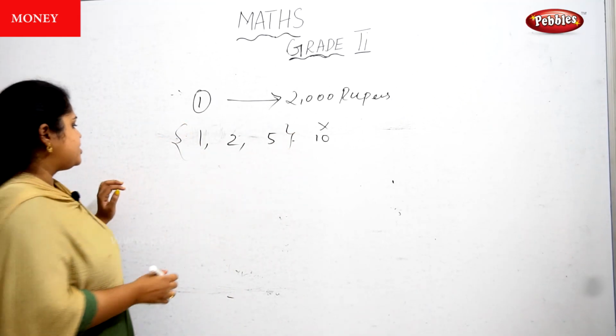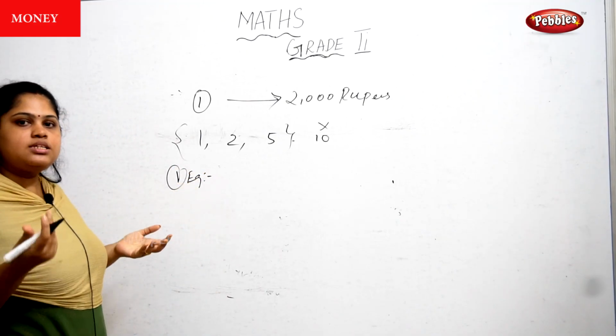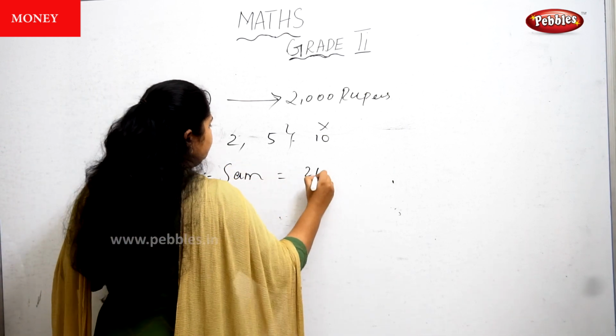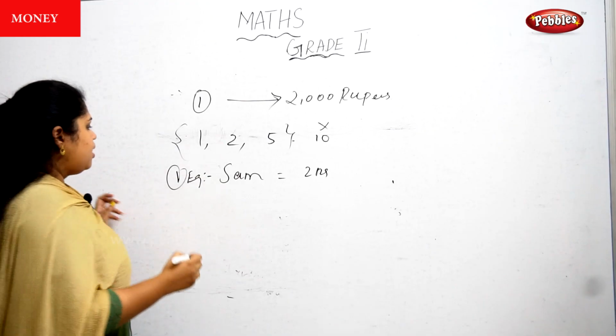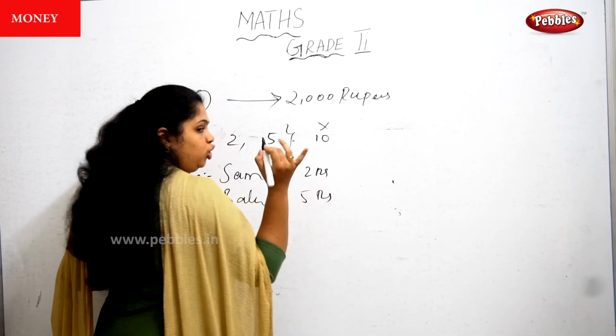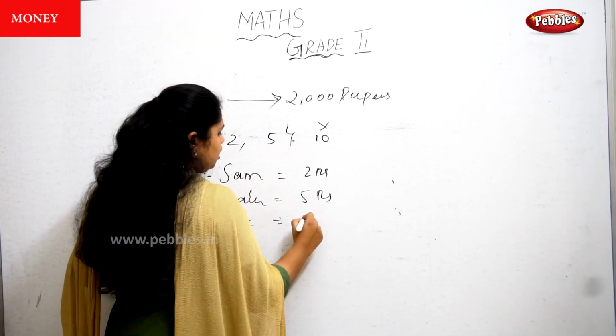Okay. So for the first example, your friend's name is Sam. Sam has 2 rupees. Okay. Balu has 5 rupees. For your name I am just keeping ABC. You have 2 rupees.